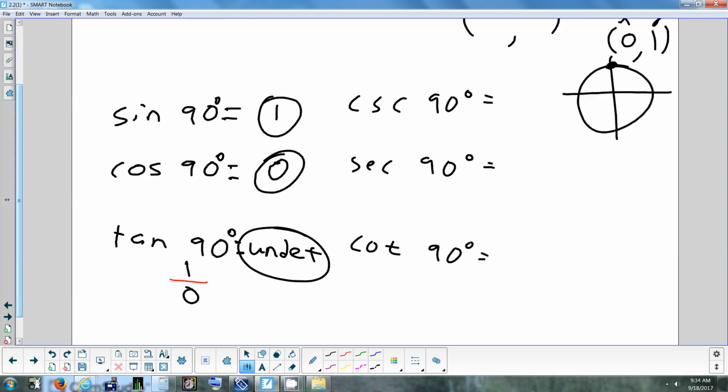Any questions on that? All right, Zach, how about the cosecant of 90? Careful, you don't take the opposite, just the reciprocal. Just 1. Yeah. Okay. Rudy, how about the secant of 90?